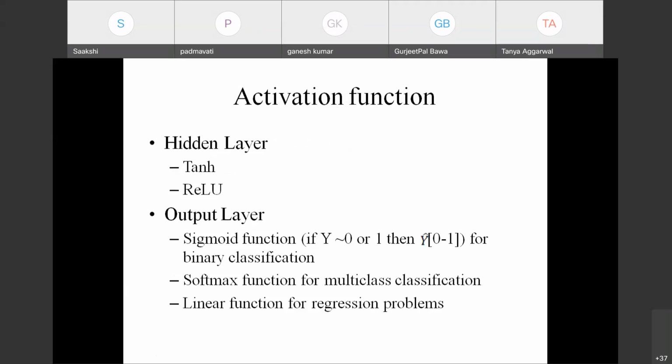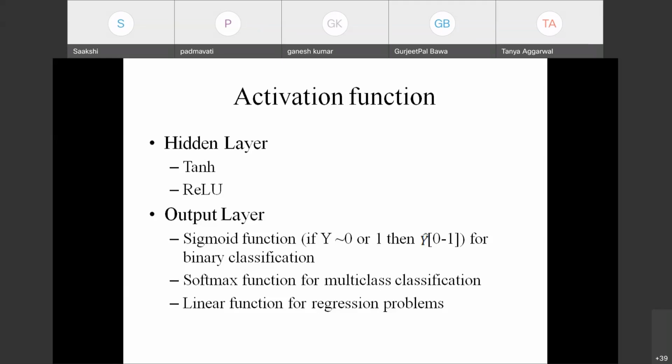For example, in hidden layers, mostly we go for TANH and ReLU activation functions. If I compare TANH and ReLU, nowadays ReLU is used by most researchers. Why is ReLU used mostly? Because of its characteristics, right?